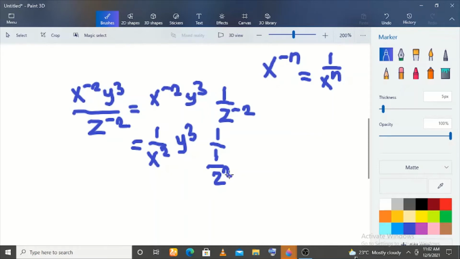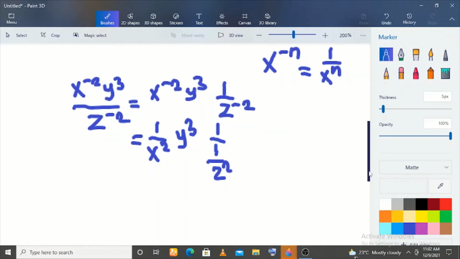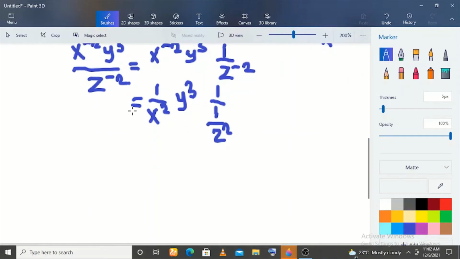Okay, so where do we go from here? Well, this is the same as writing y to the power 3 over x to the power 2. And then this is the same as writing y divided by 1 over z to the power 2. So you just write it in this form.